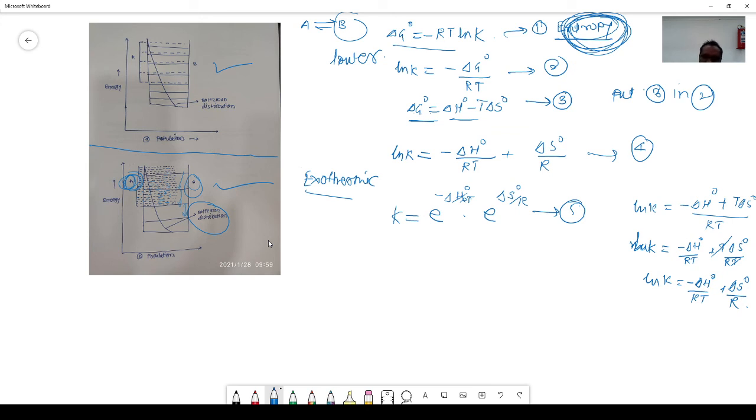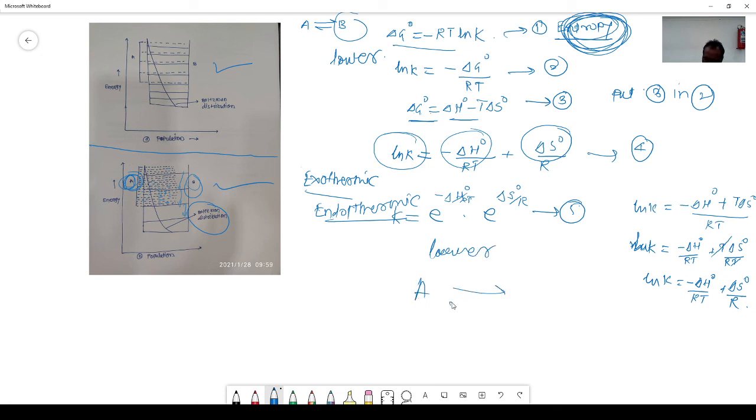In spite of exothermic character, the entropy of the reaction delta S is positive for endothermic reaction. For endothermic reaction, delta S is positive, more positive, and this is least negative. The ln K value will be lower.